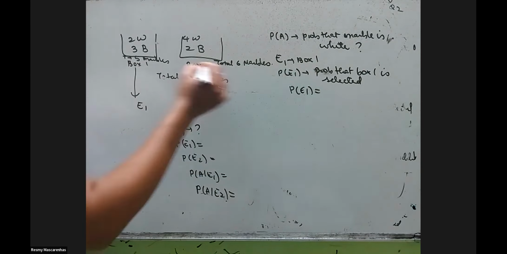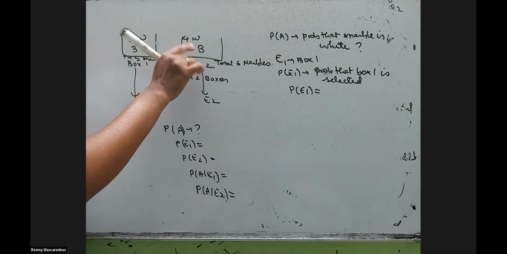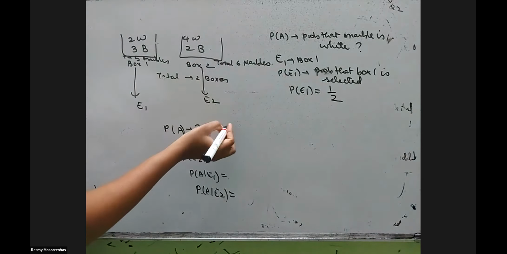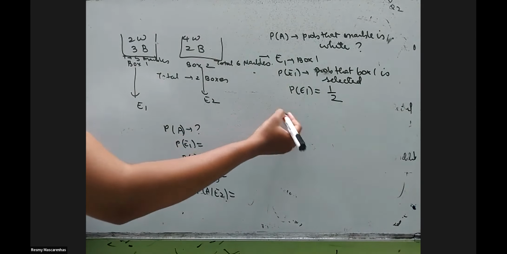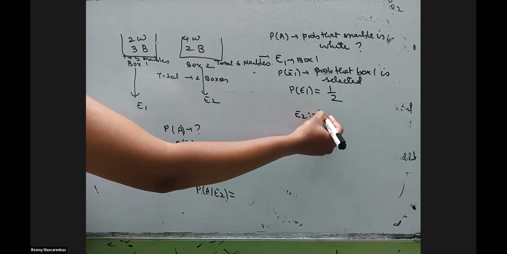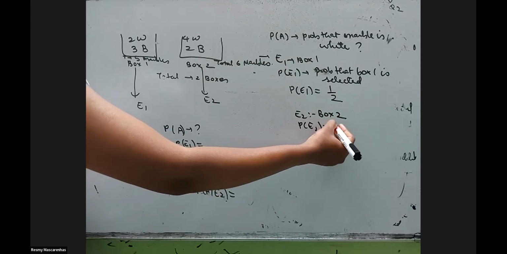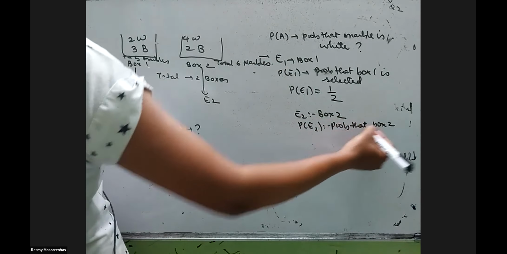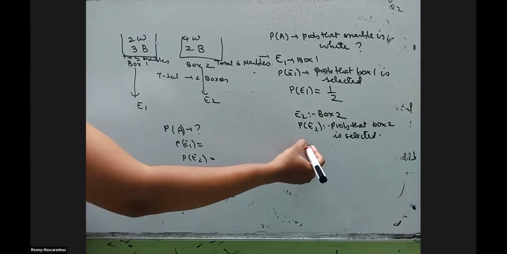How many boxes are there? 2 boxes. When you go, you have a chance of selecting 1 box out of 2. Same way, now E2 is for box 2. So P of E2 will be the probability that box 2 is selected. P of E2 is also half.